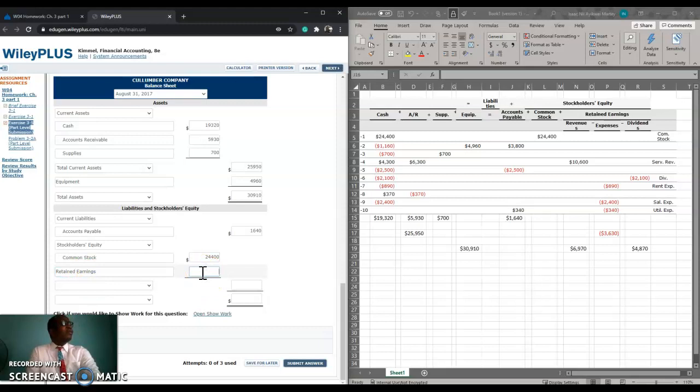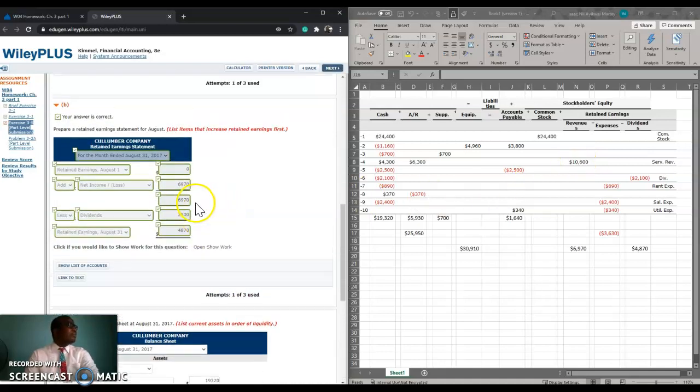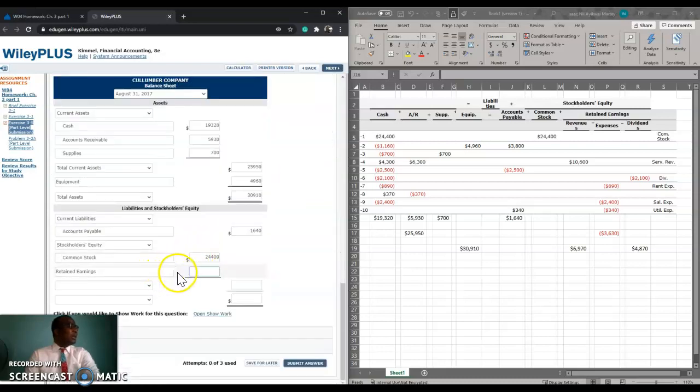For the month of August ended 31st, our retained earnings are supposed to be the sum of all of this. And so we can find that over here from the retained earnings statement, which is $4,870. So we come back here and enter $4,870 for the retained earnings.